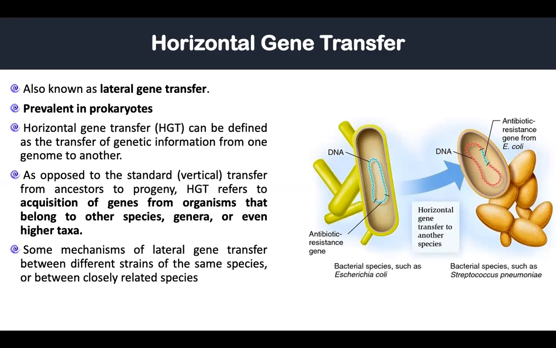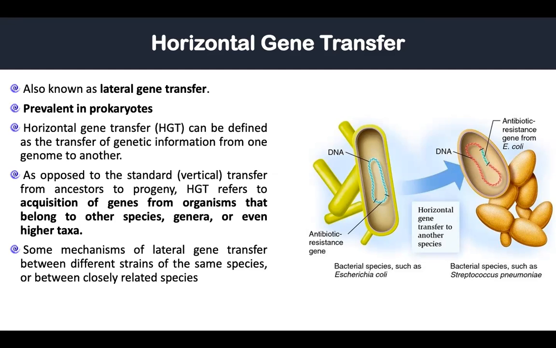And this is exactly the opposite of vertical transfer, which is the transfer of genes from ancestors to progeny. If you're transferring genes from one species to another, or from one genus to another, then it's known as lateral gene transfer or horizontal gene transfer.